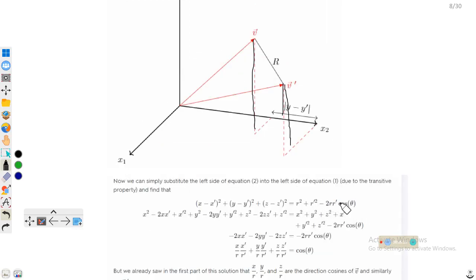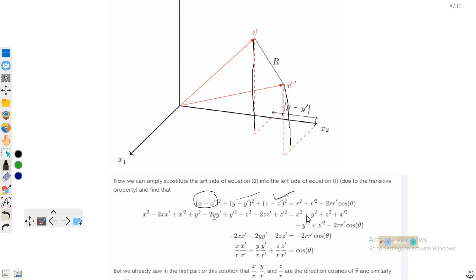If we expand the squares, using a minus b squared equals a square plus b square minus 2ab, we get x square minus 2x x prime plus x prime square, and similarly for y and z.